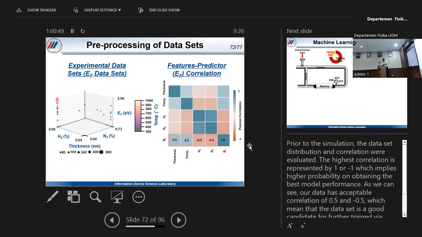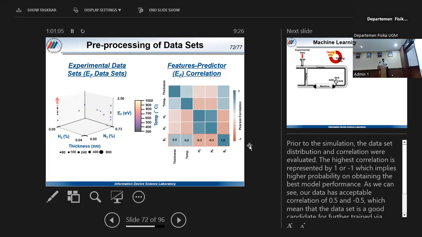We cut down on these parameters using Pearson correlation, so we only focus on the input parameters that have a high correlation. Here the output is the Fermi level.